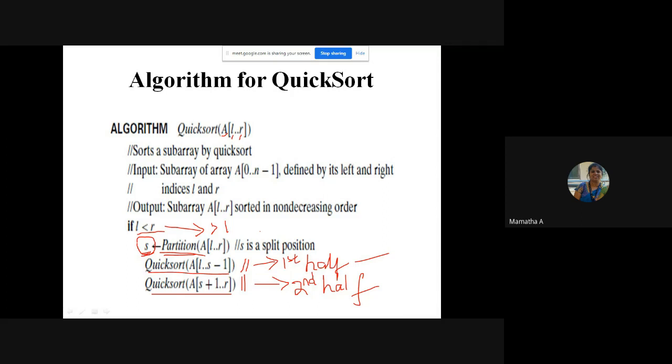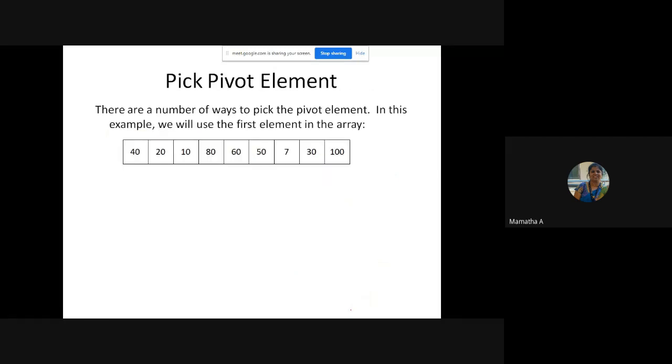So remember, I am not passing S. The element at S is not being passed because it's already placed in its final position. It is also one of your viva questions. Why are you not passing S? Why is it S minus 1 and S plus 1? You should be able to answer.